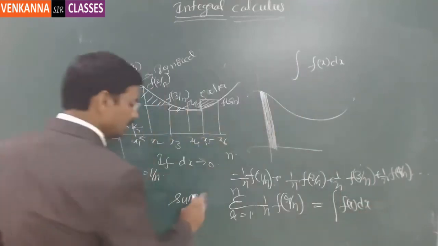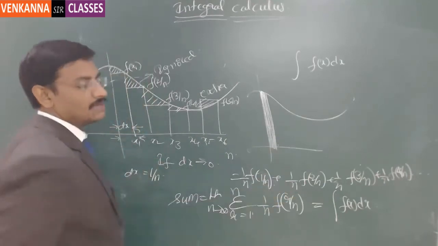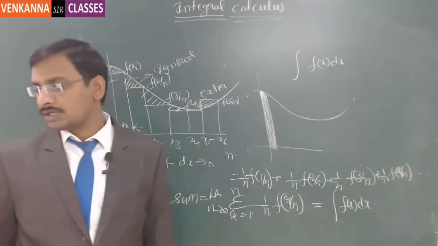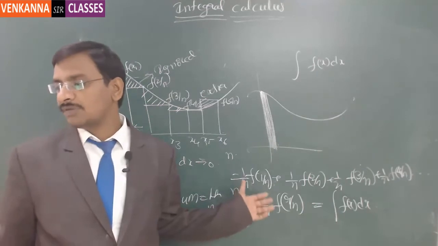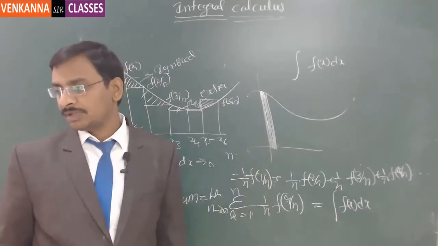So for this, if you take the limit n tends to infinity, this will be treated as the integral. Got it? Understood or not? So this is how an integral comes, with the application of area by default. Clear?